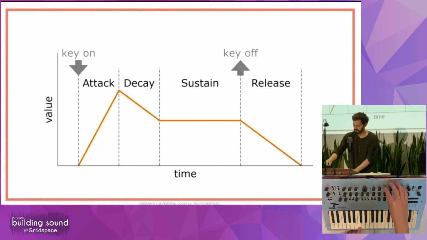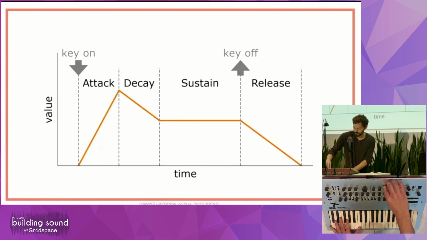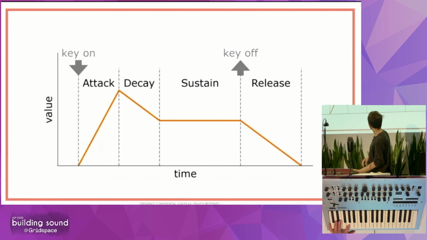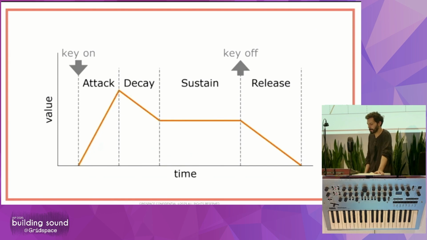So if I set sustain to 100%, then it never decays back down. And if I set it to 0, it's going to go back down to silent. And then the last one is release. So that's just after I let go, how long does it take before it decays back down to 0? Obviously, if sustain is all the way down, then release doesn't do anything.